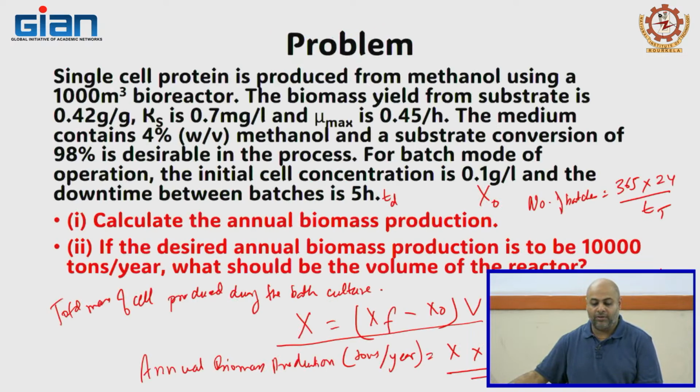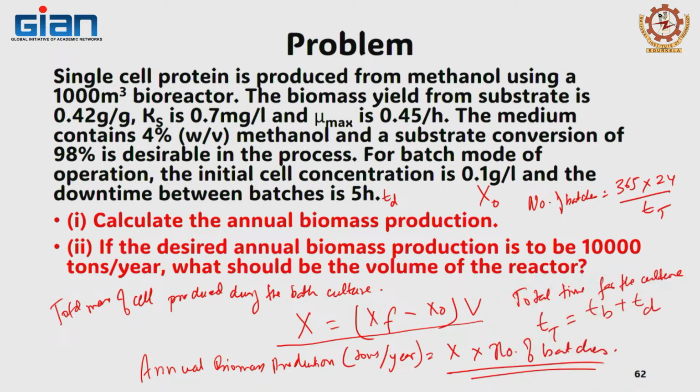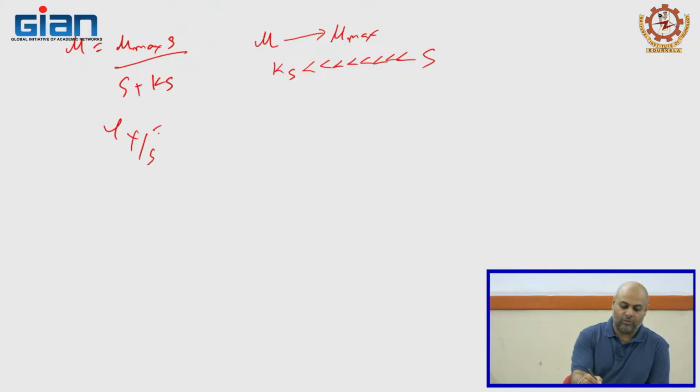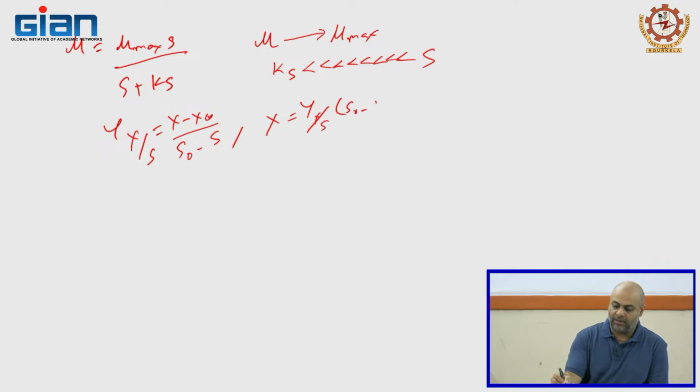In this particular scenario, your K s is 0.7 milligram per liter. Your S is a pretty huge value as compared to your K s. So, in this particular case, we can assume that to happen. So, your Y x by S would be x minus x naught divided by S naught minus S. Your x becomes Y x by S, S naught minus S plus x naught.